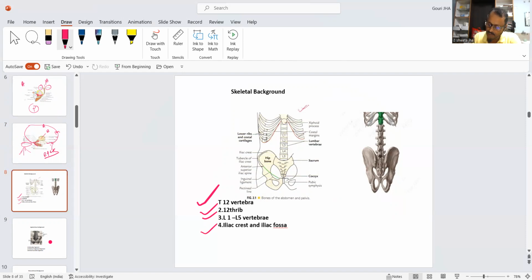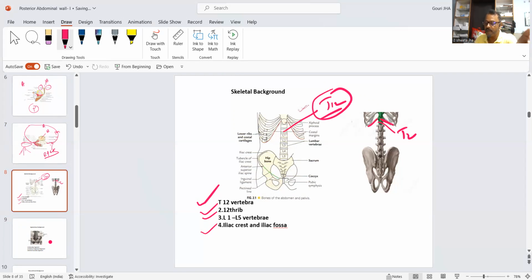So, this is L1, this is L2. Just before L1, we have the T12. So this region is the T12. And we could see the 12th rib coming out from here.